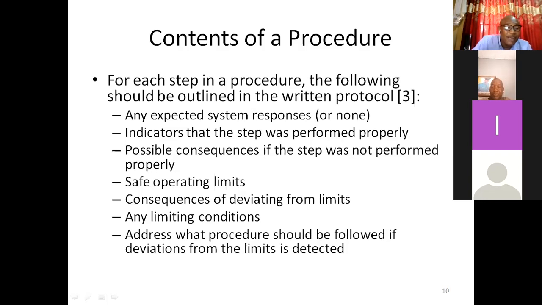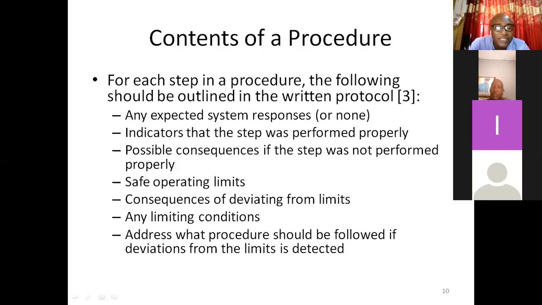So a mechanism has been put in place that if your gear is in drive, the car will not start. That is an indicator that your car is in drive. It does not follow the standard procedure. Always put the car in park before you start.